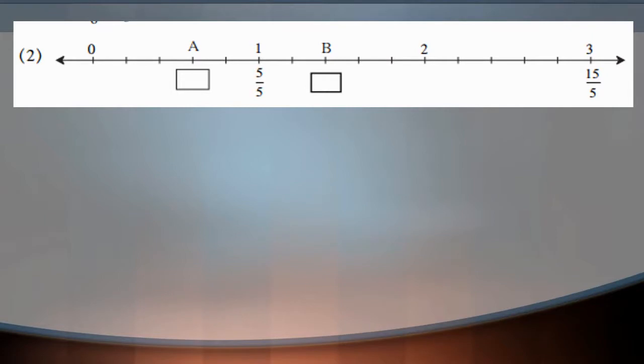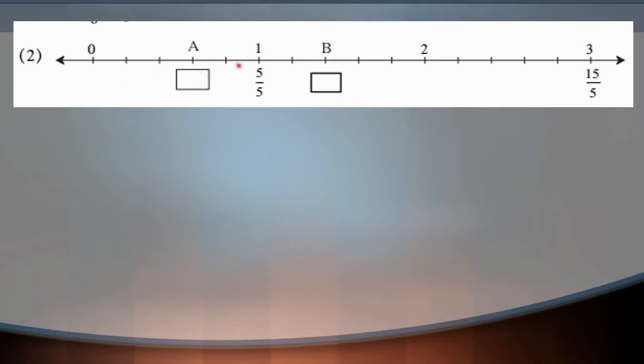Students, let's see question number 2. Here you can see on this number line A we have to find out, and each unit is divided into 5 equal parts.